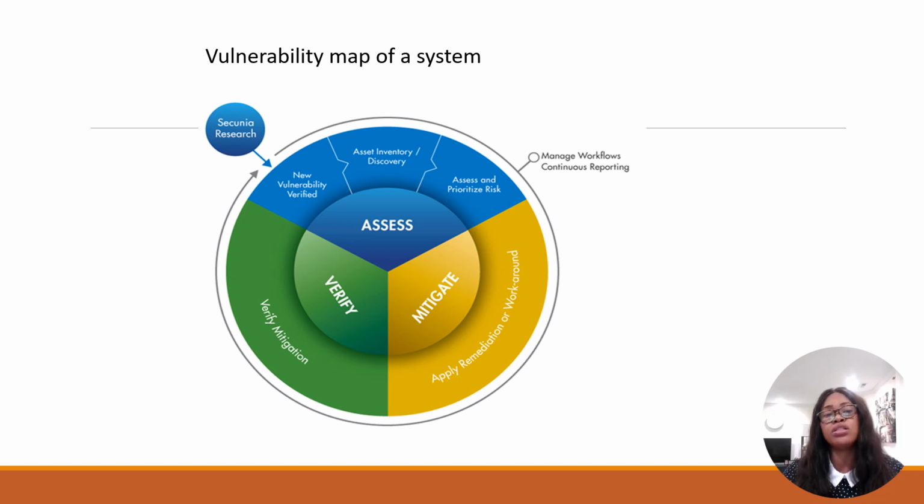categorizing them based on the severity and likelihood of exploitation. Mapping them to specific components is very important, as is regularly updating the map to include any changes or new vulnerabilities. This process helps organizations proactively manage security risk and protect their systems.